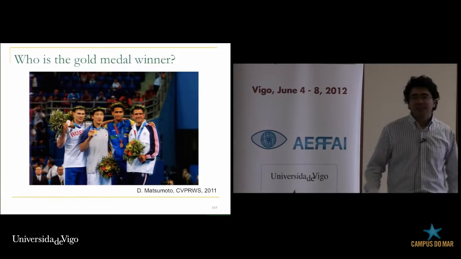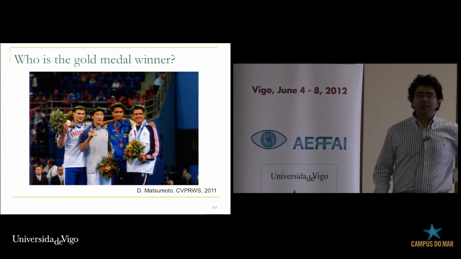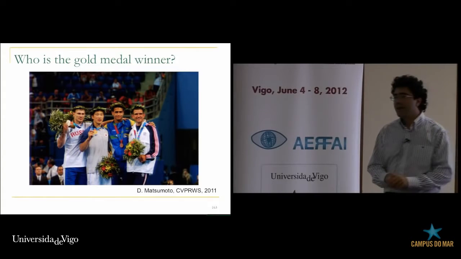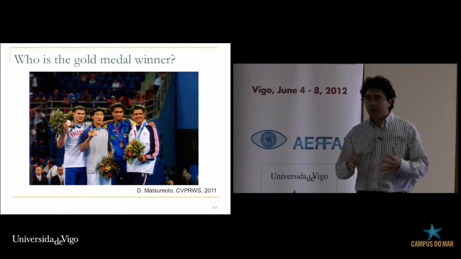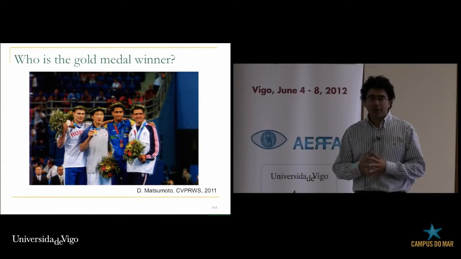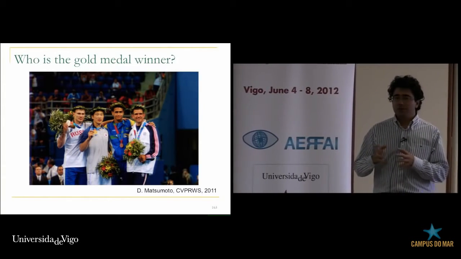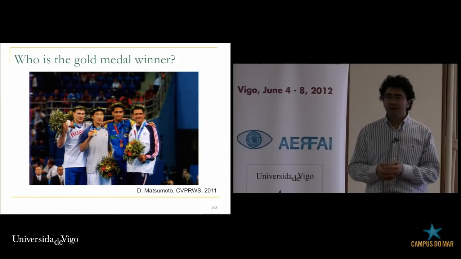Matsumoto also did this with beauty contests. In the US, you see these beauty contests on television where these girls act very unnatural, you know. The winner is announced, and there is this runner-up, and she is, of course, really disappointed.